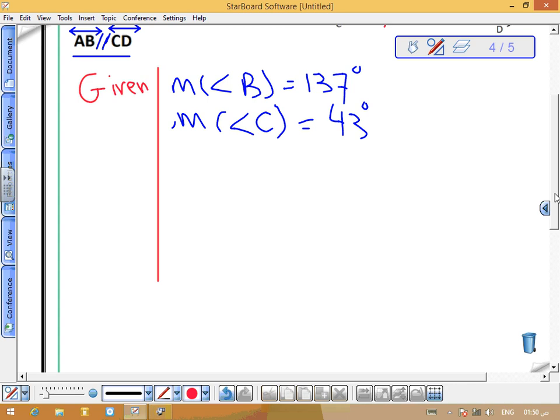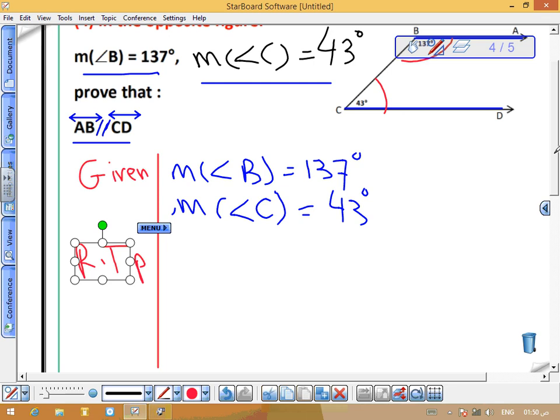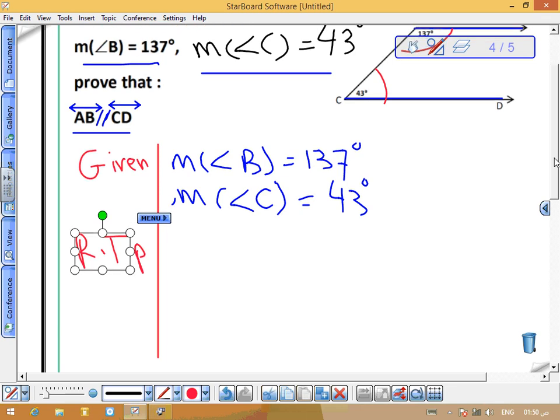Write RTP. The question here is to prove that the straight line AB is parallel to straight line CD.